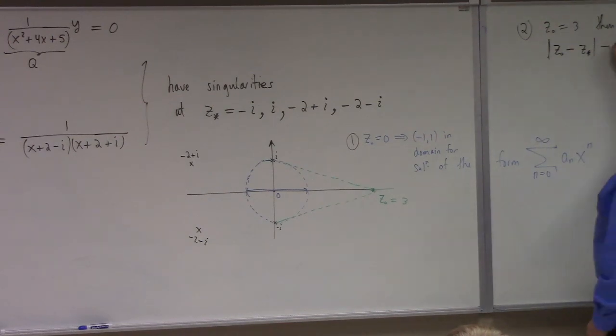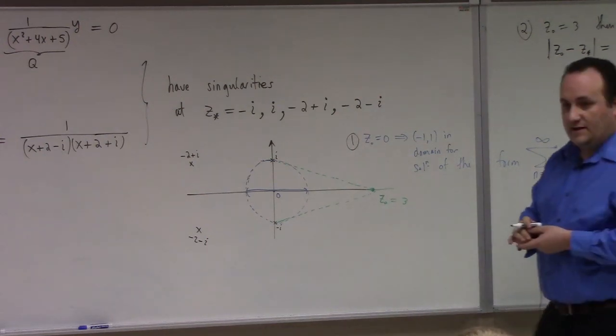So we're looking at 3 minus i, and that's equal to the square root of 9 plus 1. It's the length of the vector. It goes 3 over and 1 up. So the square root of 10 is my radius for that one.